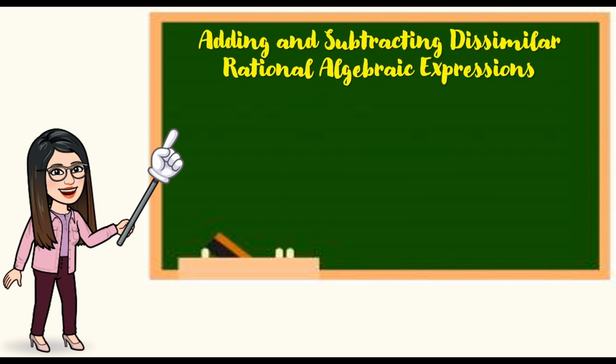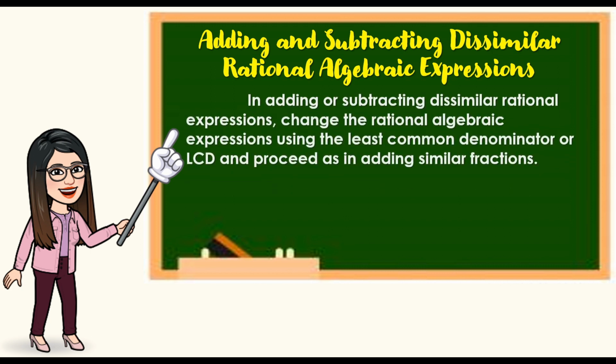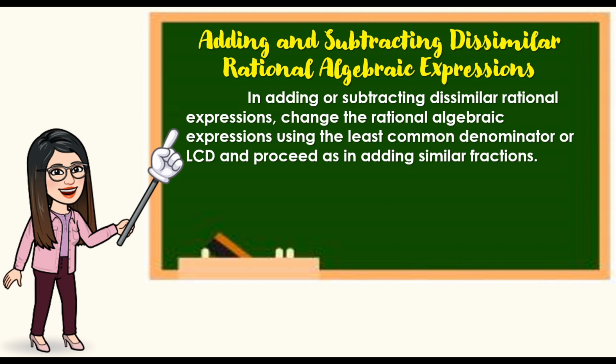Okay, so let's proceed in adding and subtracting similar rational algebraic expressions. In adding or subtracting similar rational expressions, change the rational algebraic expressions using the least common denominator, or the LCD, and proceed as in adding similar fractions.